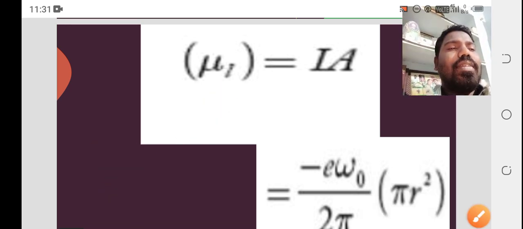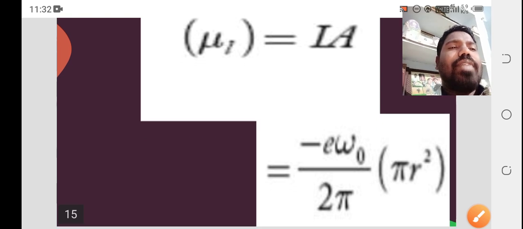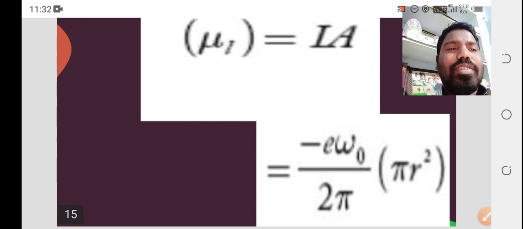Now replace the value of I here. From the previous slide, I equal to minus e omega naught by 2 pi, into pi r square, where A is the area.